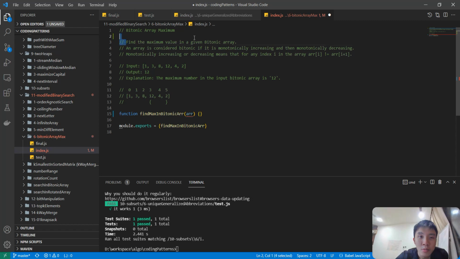Okay, find the maximum value in a given Bitonic array. So what is a Bitonic array? An array is considered Bitonic if it is monotonically increasing and then monotonically decreasing.